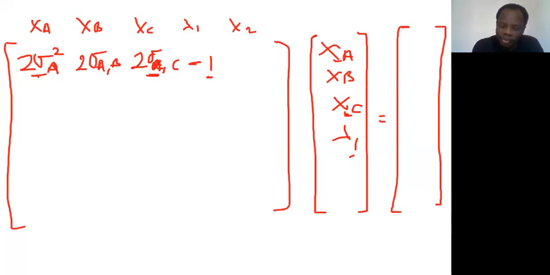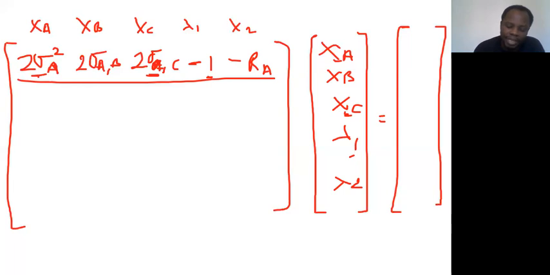So when I write the minus RA here, then I'll bring my lambda 2 also here, right? So when I multiply the information here by the information here, it should give me the equation again, and after that, it should be equal to 0. So I'll write a 0 here because everything equals 0.